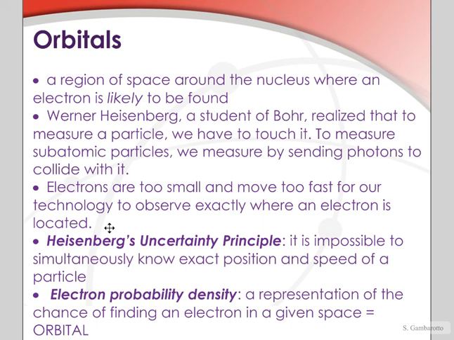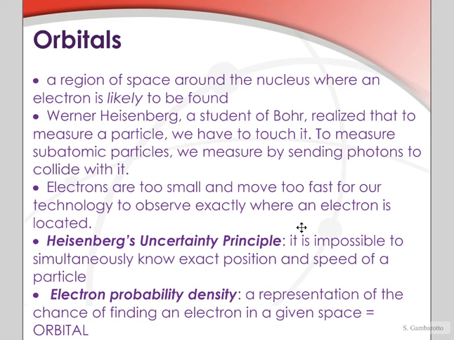So because of that, we have Heisenberg's uncertainty principle. He basically said that it is impossible to simultaneously know the exact position and speed of a particle. So that basically means that if we know the position of a particle, we cannot determine how fast it's moving, or if we know how fast a particle is moving, we cannot determine its actual position.